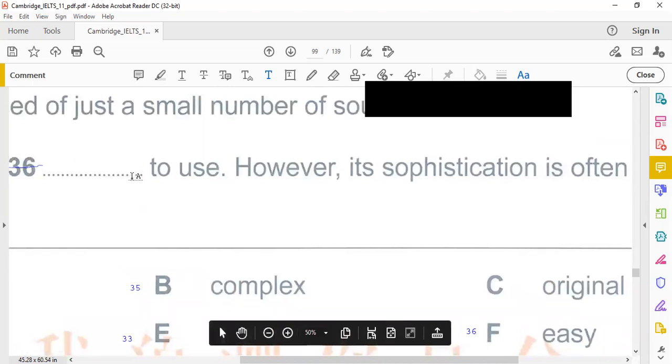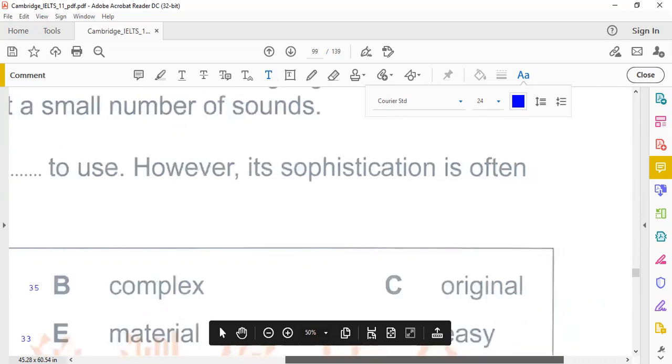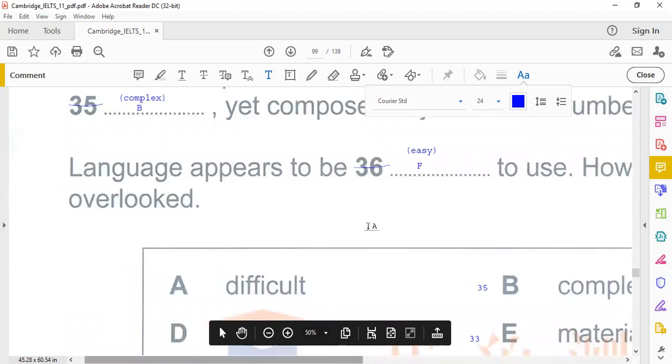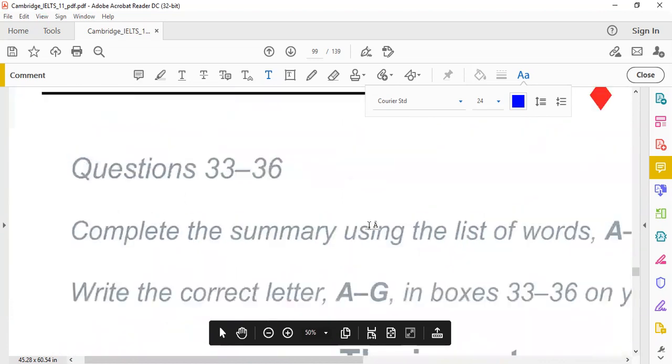So you write easy here, EASY, easy, and the letter F, you need to write in the blanks. Okay, so easy to use, however, its sophistication is often overlooked. So we have completed questions 33 to 36.